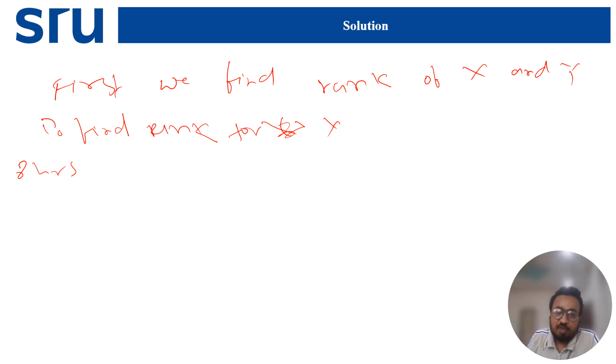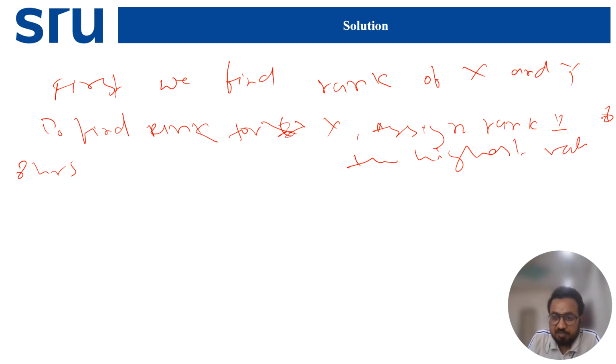To find the rank for x, we will assign rank 1 to the highest value. That means those who get the highest score get the first rank, and we determine the rank based on their study hours.